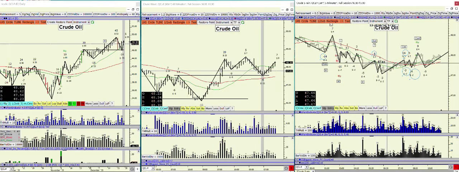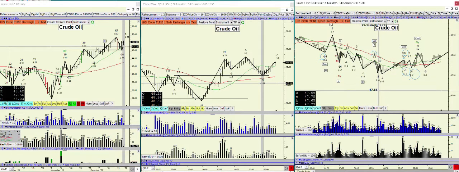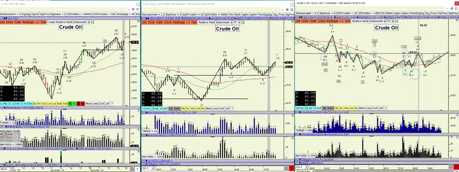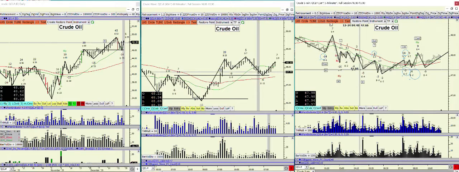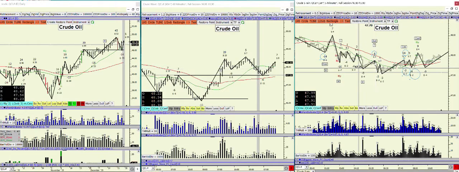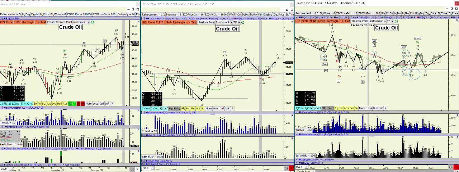And the answer is you don't know. Anyone who tells you, look for this, this, and this, you don't know until later. When is later? All the way here. Before that, you do not know. It can have both a bullish and a bearish interpretation.